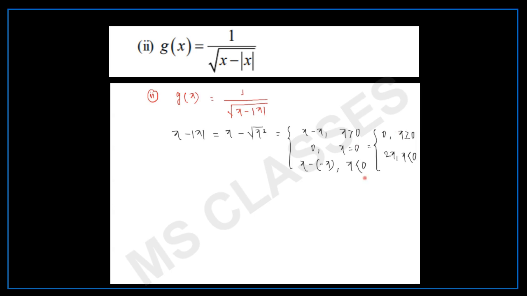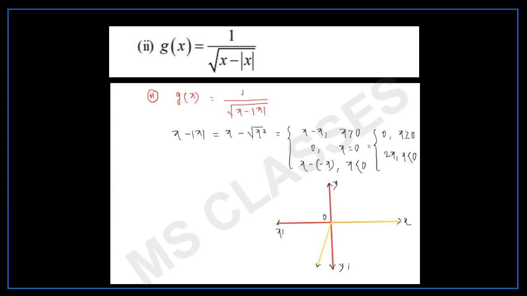If we represent this graphically, how does it look? If we represent x minus mod x graphically, this is y, this is x, this is origin, this is x prime, this is y prime. Now, when x is greater than or equal to 0, it is 0. But when less than 0, we have y equal to 2x.